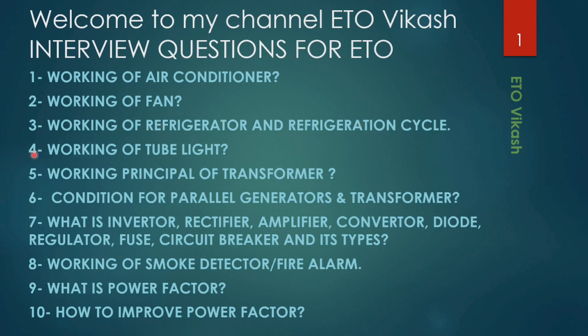And now the next question is working of tube light. In a tube light there are mainly 2 units. One is the starter and the second is the ballast, and one tube light will be there. The starter unit will be connected in parallel with the tube light, and the ballast will be connected in series with the tube light.